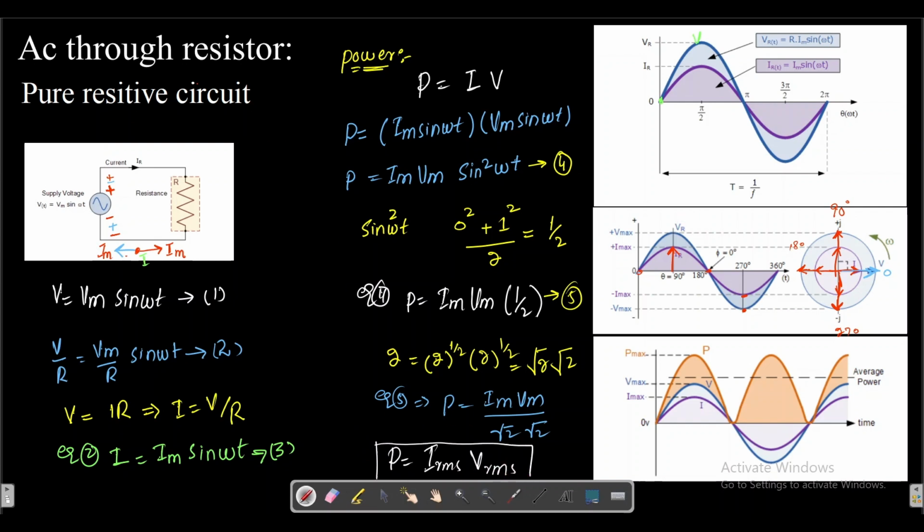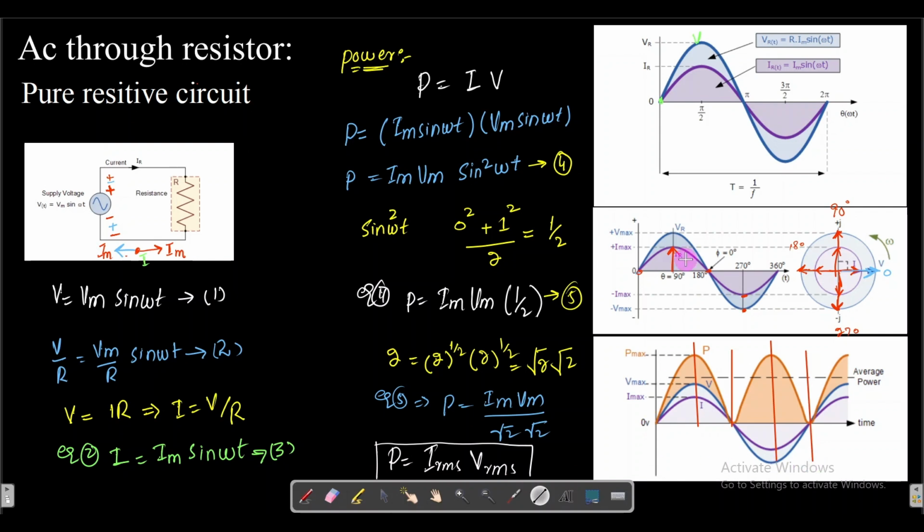Okay, in this power diagram, let's break this power diagram into each quarter here. So this is the 90 degree, this is the 180 degree, the second quadrant, and this is the third quadrant, this is the fourth quadrant.